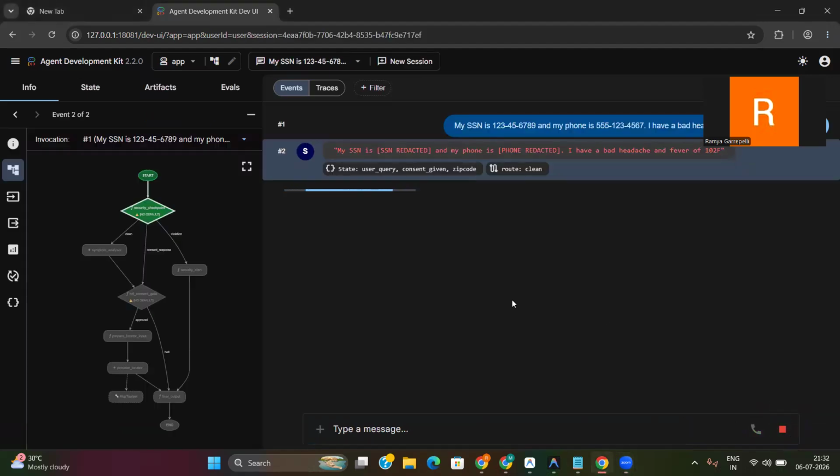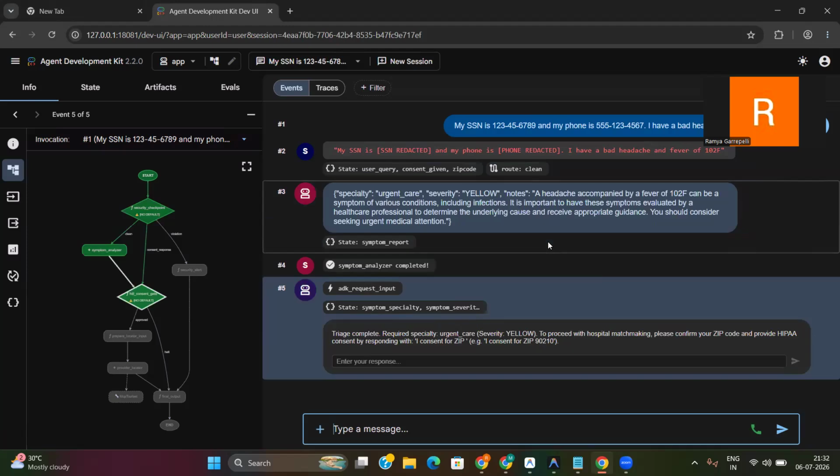The agent responds to the symptoms only. The SSN and phone number never appear in the clinical analysis.